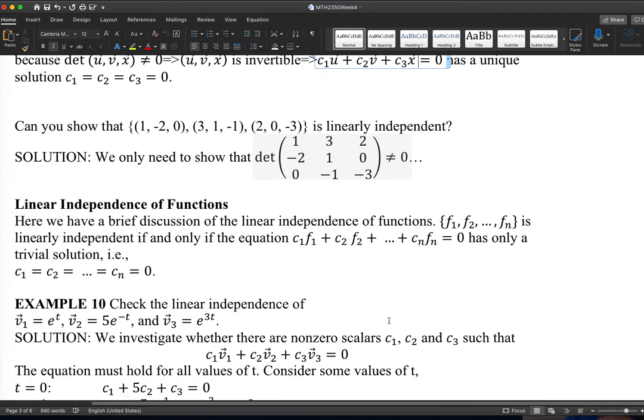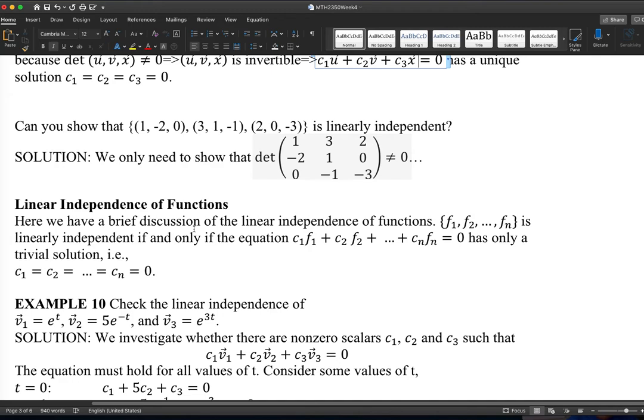Then I suppose you got some idea about the linear independence of vectors, and indeed functions could be vectors too. So the next topic is linear independence of functions. If you remember, this class really has 2 topics: differential equations and matrices together.